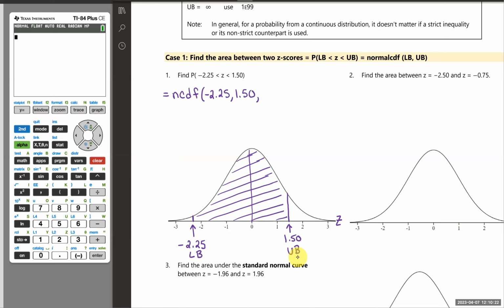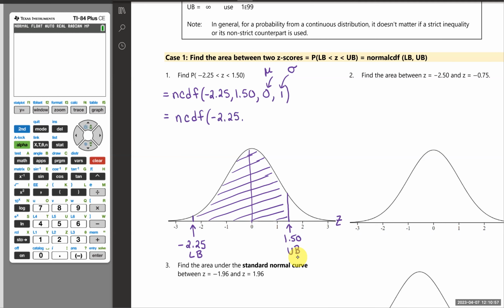And then in general, we have to indicate mu and sigma. So in this case, again, with z-scores, if we're dealing with standard normal, the mean is 0 and the standard deviation is equal to 1. Now, it turns out that if we don't type in any value for mu and sigma, then the calculator assumes that's what we wanted.